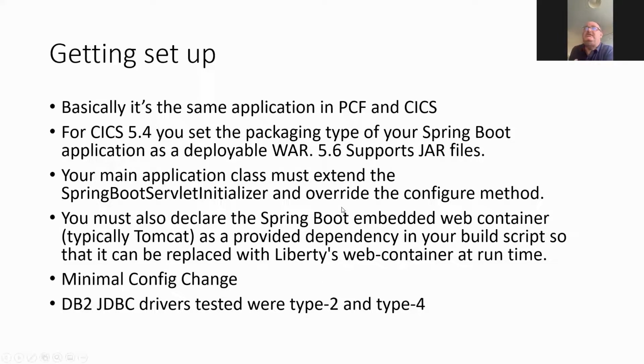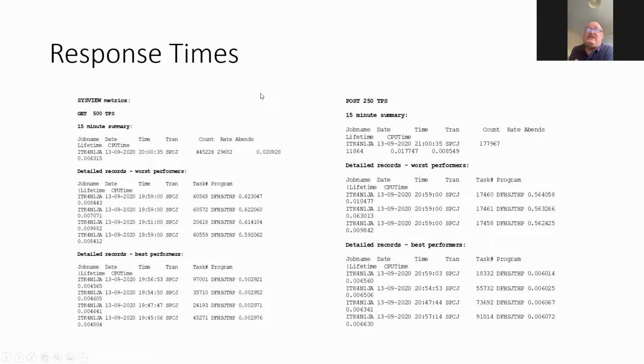However, these are some of the results that we got out of our tests. So we're just running a CICS region, a simple transaction, SBCJ, but running different sets of code. On the left-hand side of the screen, we were doing gets, microservices, doing a call to DB2.